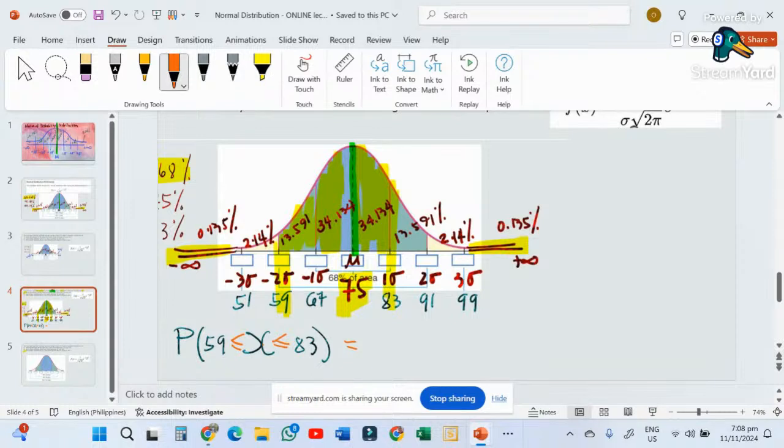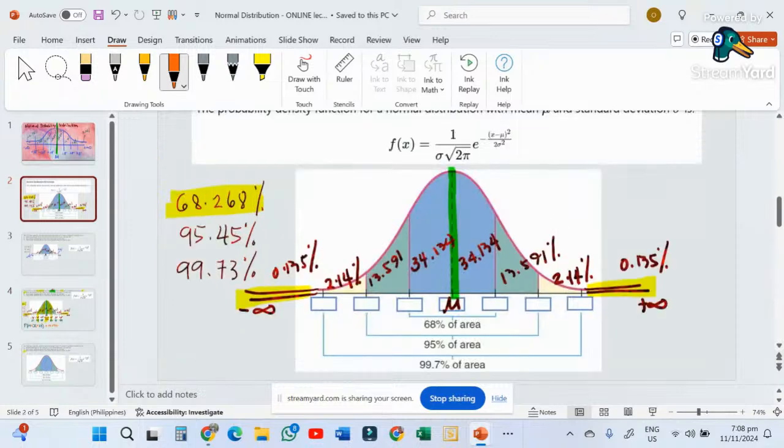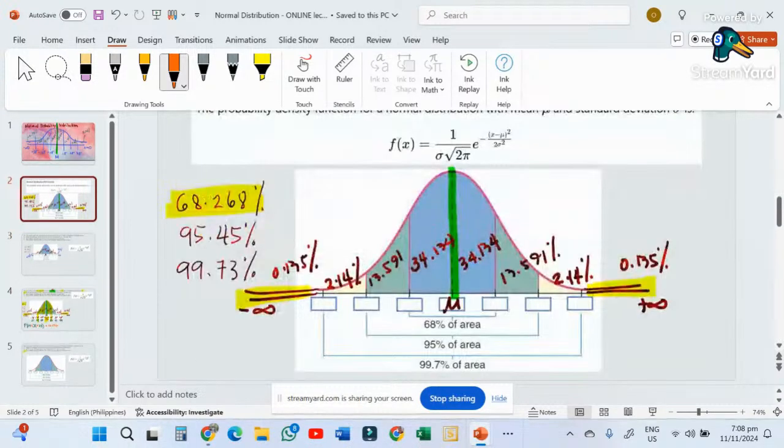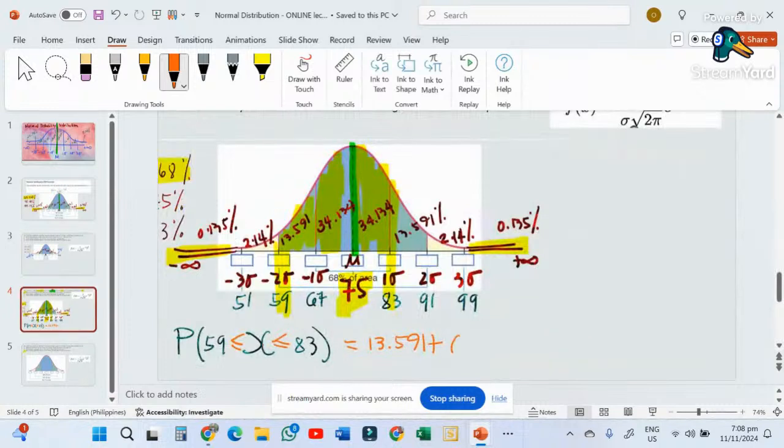So we're going to write in 13.591 plus 34.134 and 34.134. That is actually 68.268.